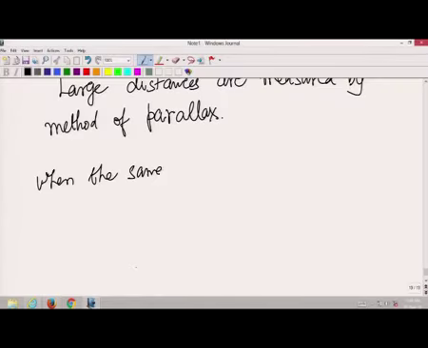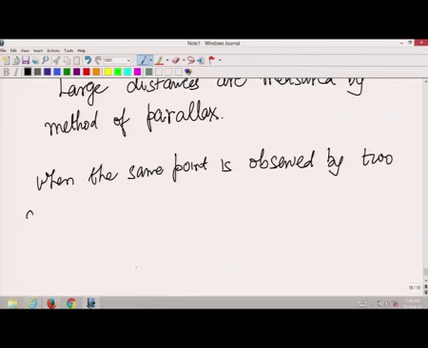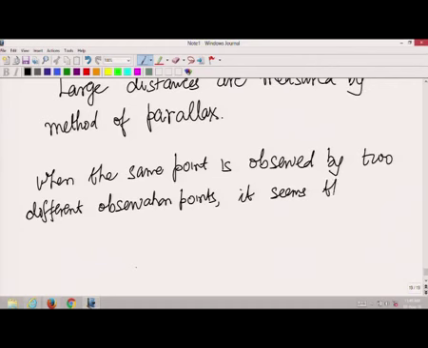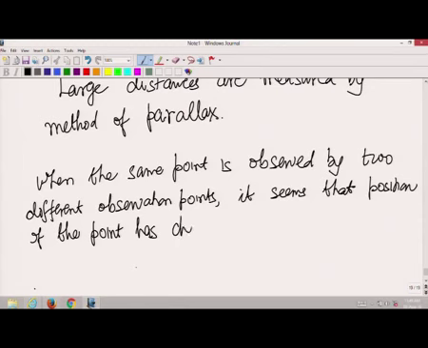When the same point is observed from two different observation points, it seems that the position of the point has changed.